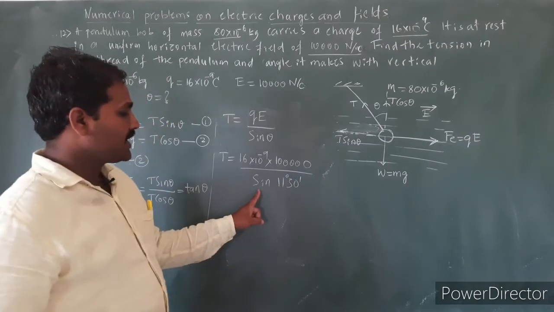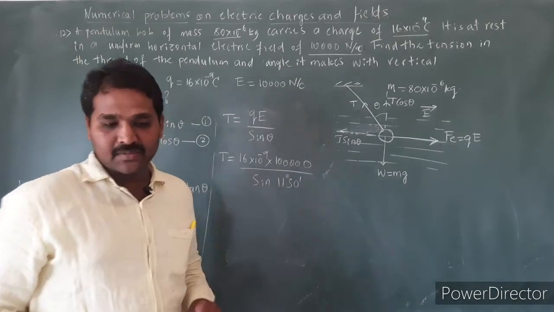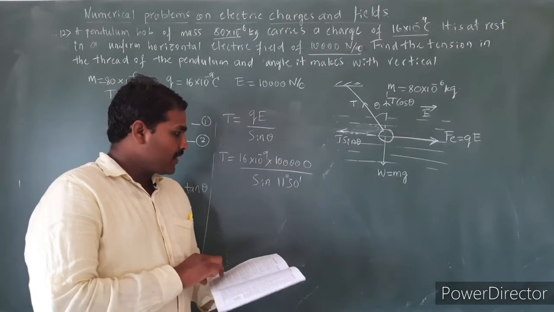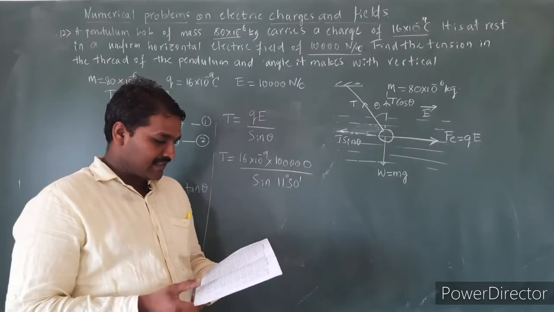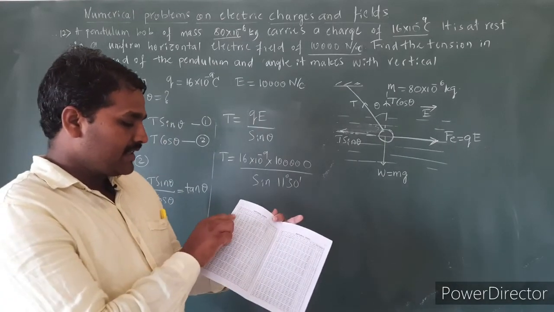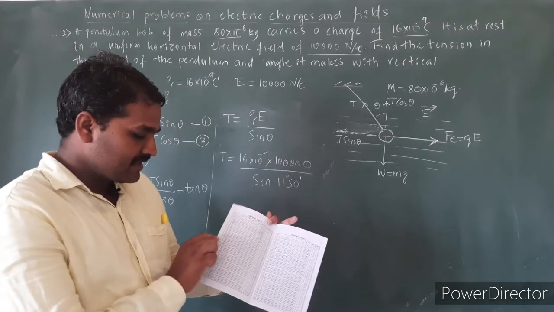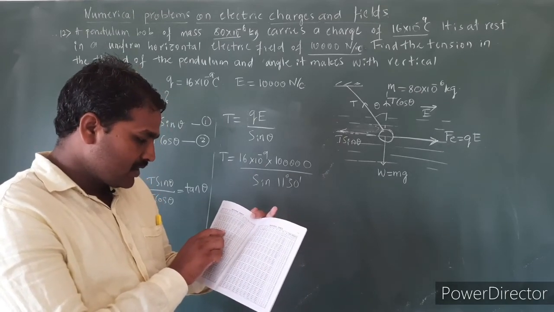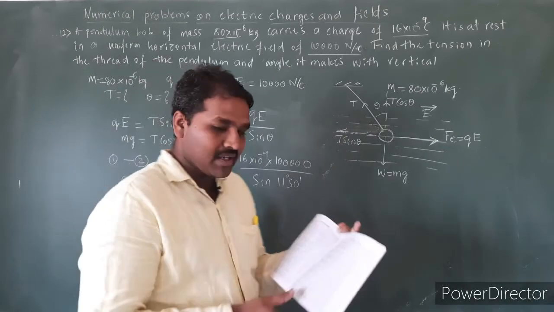Again write the value of sine of 11 degree 30 minutes. Again use the log table here; I have to open natural sines, that is page number 12 and 13. Look for 11 degree, at the left side I have degrees, 11 degree and 30 minutes. The value is 0.1994.